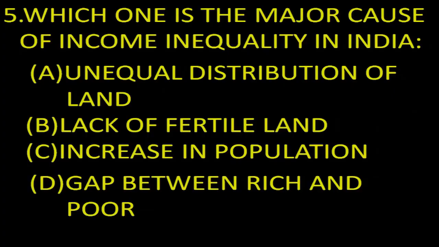The fifth question is, which one is the major cause of income inequality in India? Because of unequal distribution of land, lack of fertile land, increase in population, gap between rich and poor. Yes, children, it is because of unequal distribution of land.